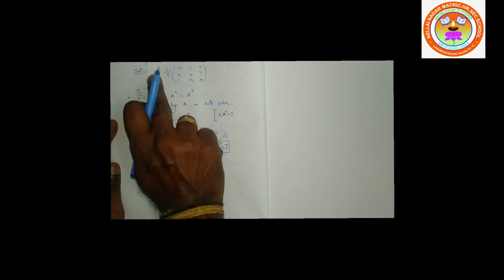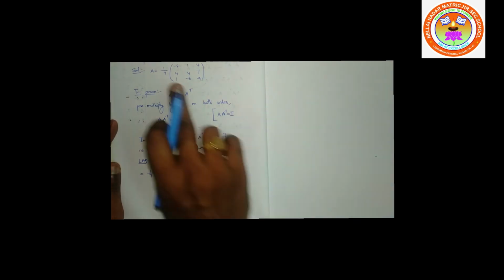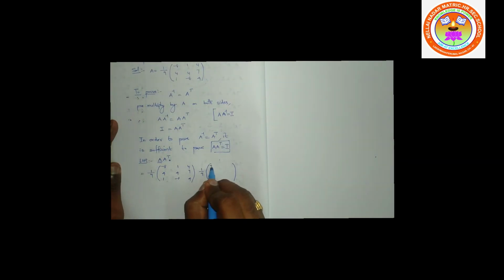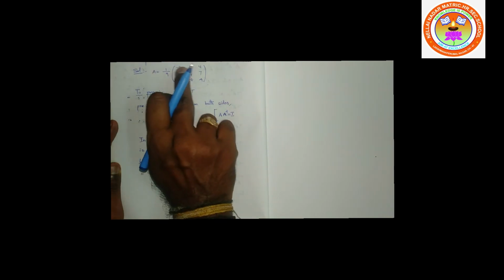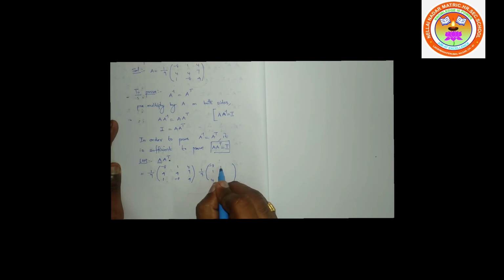This is A. Next, A transpose. For A transpose, this 1 by 9 I write as it is. Now I need to do the transpose. What is the meaning of transpose? We change rows into columns. The given rows I change into columns. Minus 8, 1, 4 I change into a column. 4, 4, 7, the row I change into a column.